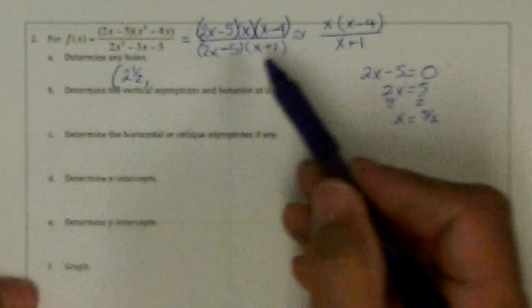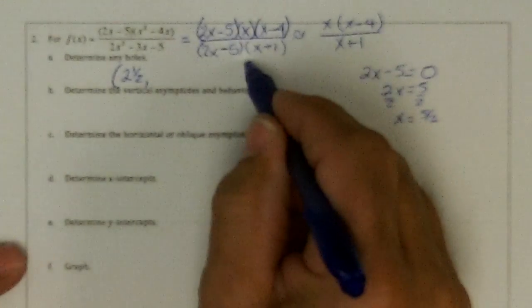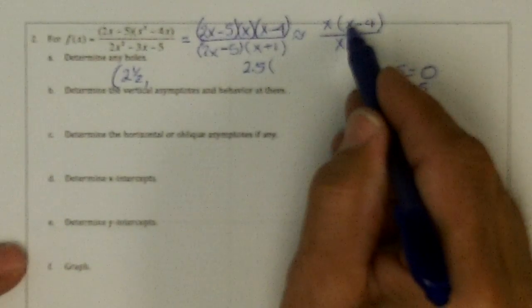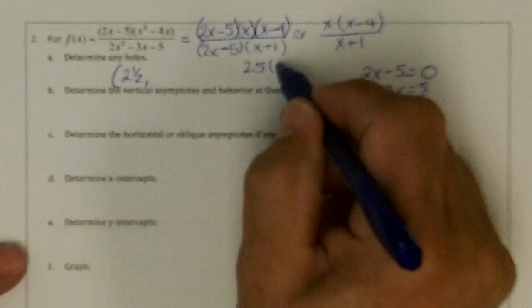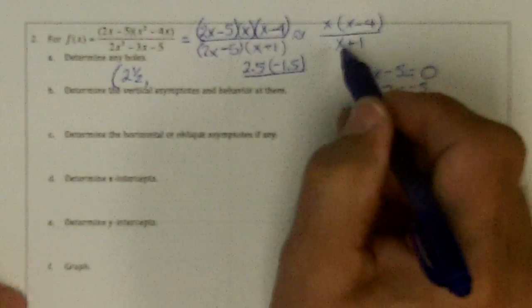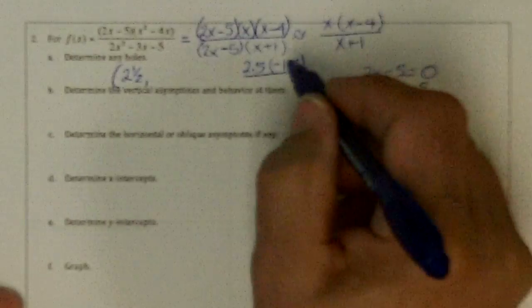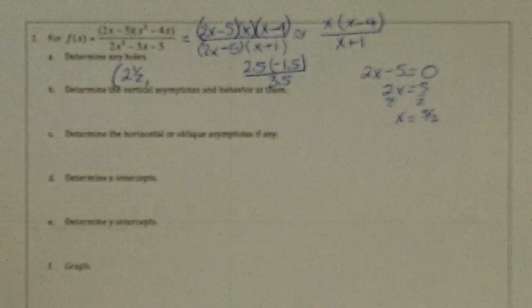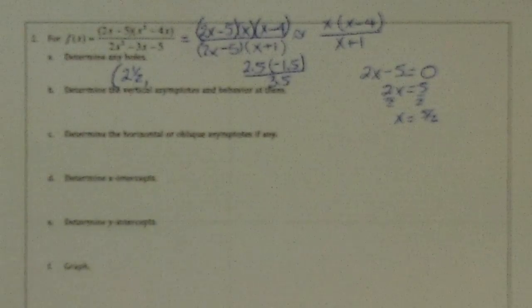Now if I plug 2 1/2 into this, I'll do it in decimal, 2.5 times 2.5 minus 4 is minus 1.5, divided by 2.5 plus 1 is 3.5. And I can just save time here.